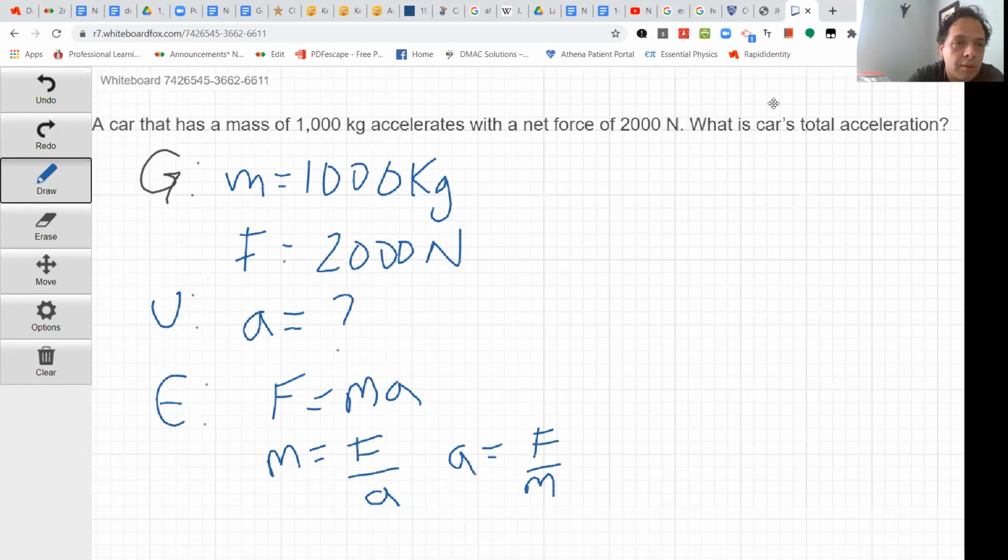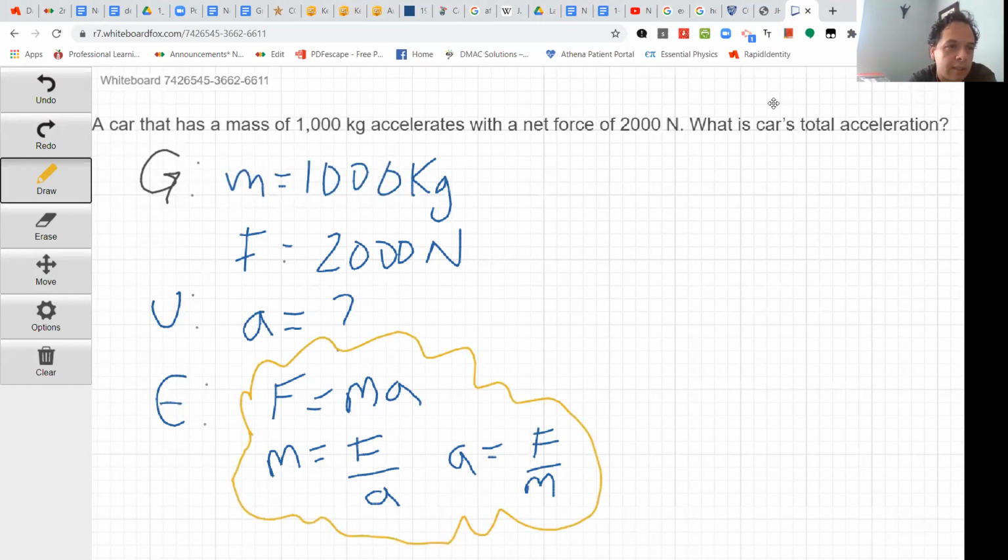So these 3 are the formulas we'll be using for the rest of this worksheet. So we have to choose which one we will be using. We are looking for acceleration, so we're going to use acceleration equals force divided by mass.